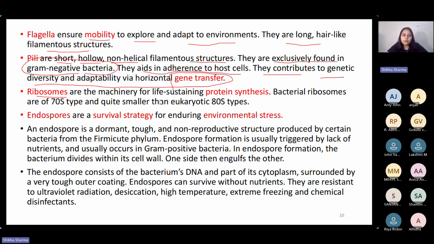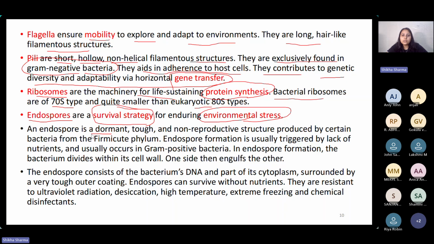Ribosomes are basically the machinery of life-sustaining protein synthesis, and they can also help produce enzymes. Bacterial ribosomes are of the 70S type and quite smaller than the eukaryotic ones, which are 80S types. Then endospores are produced as a survival strategy when bacteria face environmental stress or tough conditions, so it can go under endospore formation.